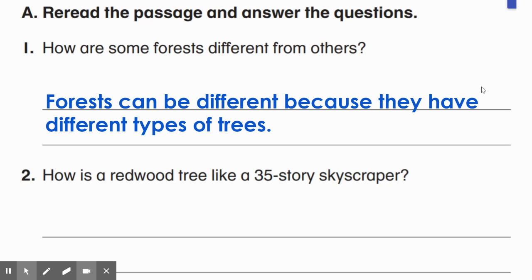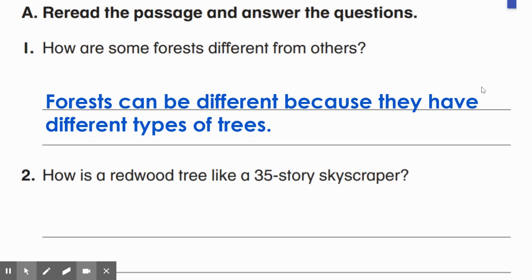So I wrote down forests can be different because they have different types of trees. See, second graders, by using our comparing and contrasting graphic organizer while we read, we were able to quickly identify the answer to this question. Press pause while you write out your response and press play when you're ready to continue.